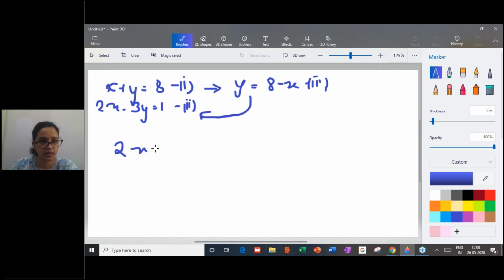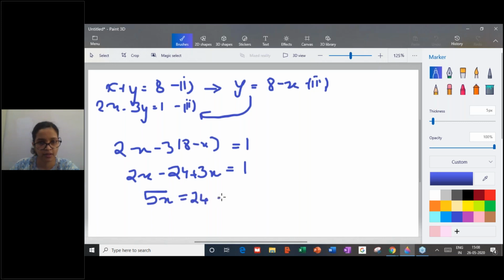2x minus 3 times (8 minus x) is equal to 1, or 2x minus 24 plus 3x is equal to 1, or it will be 5x is equal to 24 plus 1, or x is equal to 25 by 5, or we can say x is 5.